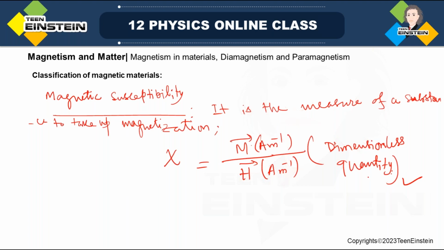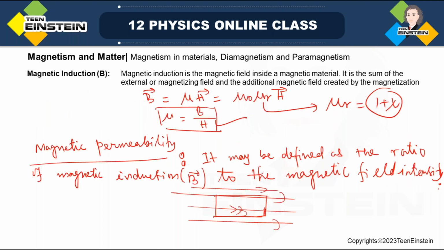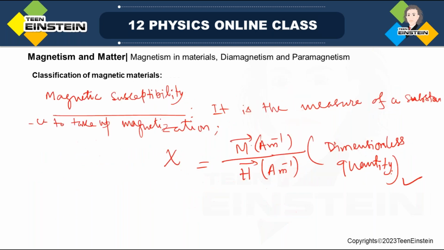Magnetic permeability also is a dimensionless quantity, see here, relative permeability. So susceptibility, and this was B by H, right?